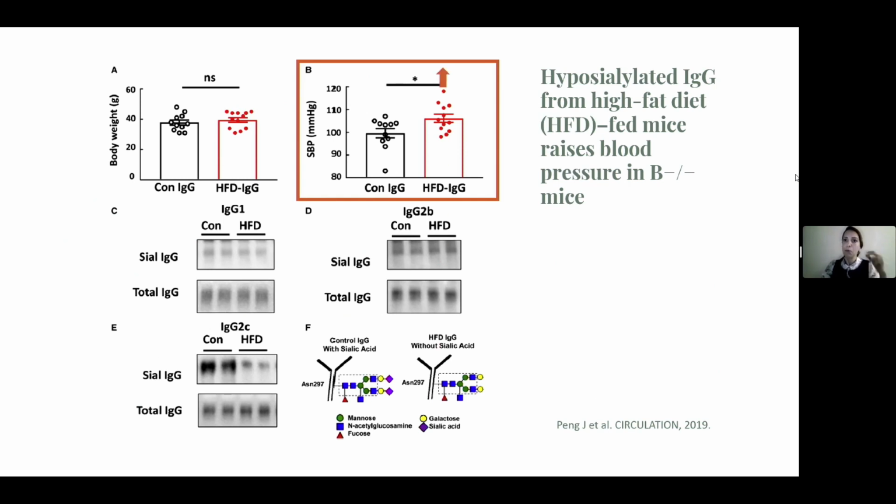And simply putting this IgG from high-fat diet fed mice, these obese mice, which was hyposialylated, so it contained more of these pro-inflammatory glycans in comparison to the control IgG, they saw that the blood pressure was increased simply by adding a hyposialylated IgG into these mice.